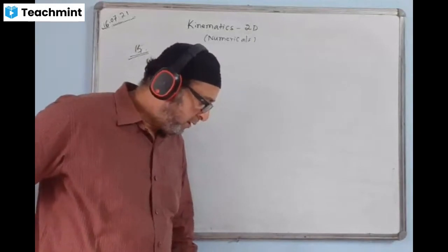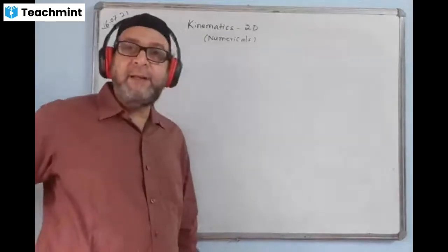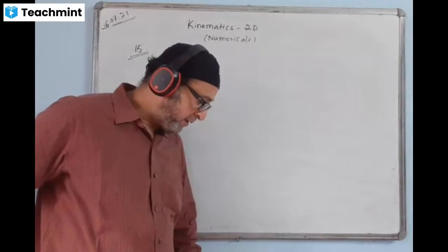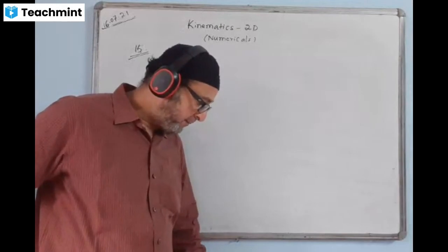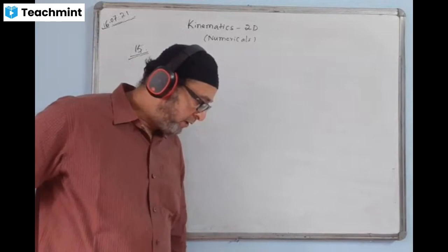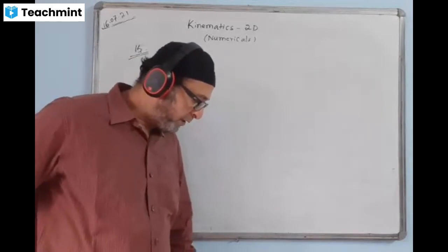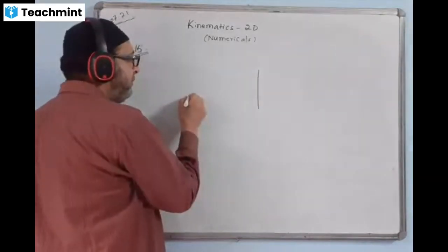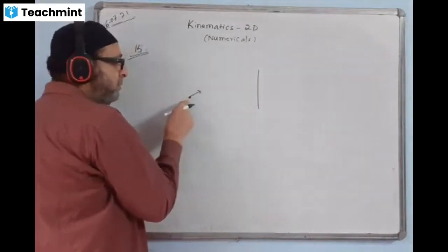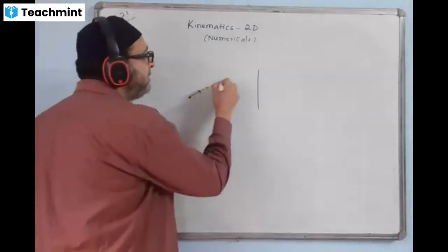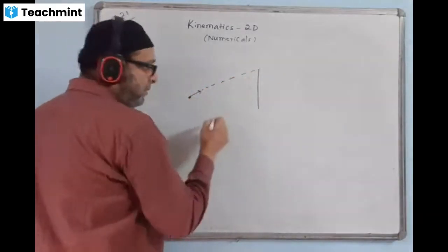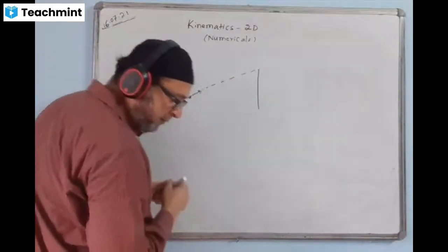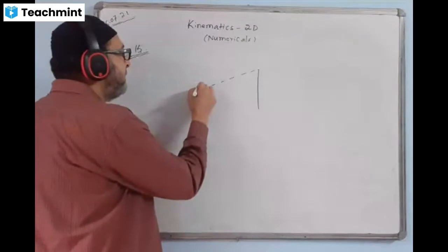Question 15 says a shot fired with a velocity strikes a vertical cliff after some time. Find the angle of elevation of the shot. They're saying there is a vertical cliff, and from here a shot is fired. 100 meters per second is given.